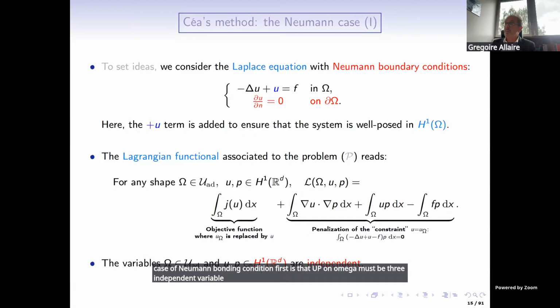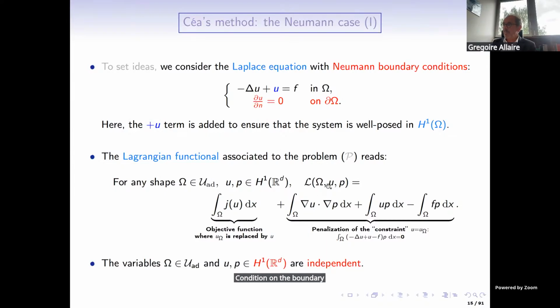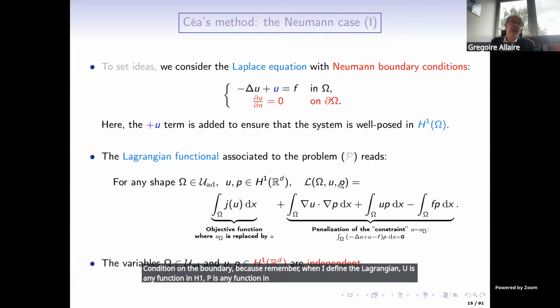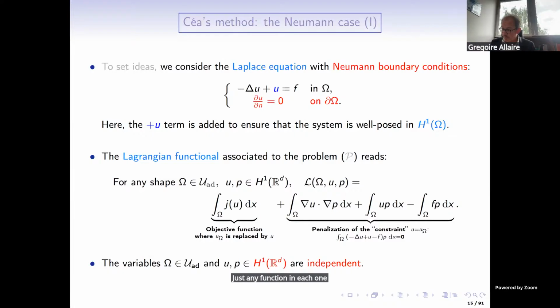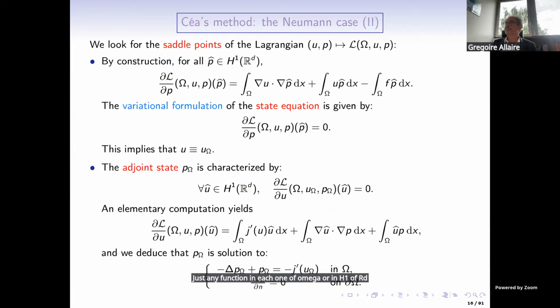Actually, u and p do not depend on omega because they do not satisfy any special condition on the boundary. Remember, when I define the Lagrangian, u is any function in H1, p is any function in H1. They are not, for the moment, the solution of the state equation or of the adjoint equation. They are just any function in H1 of omega, or in H1 of R^d more generally.